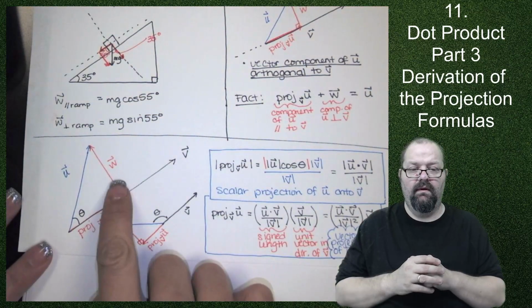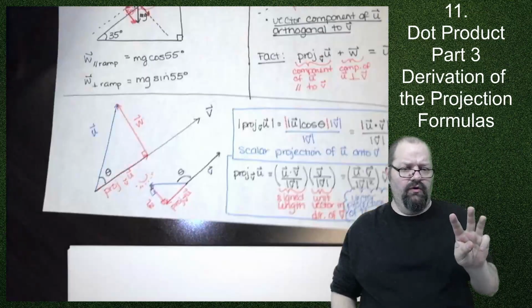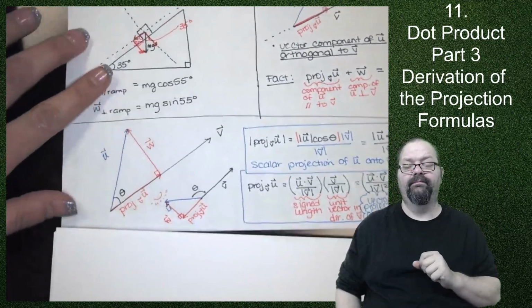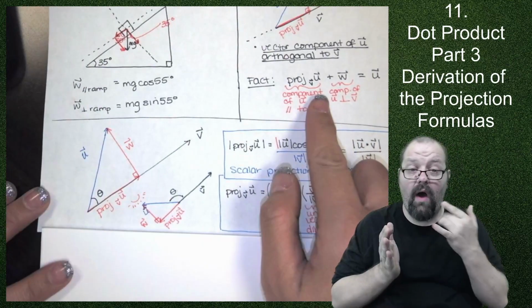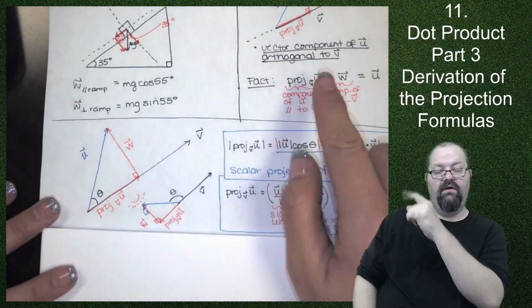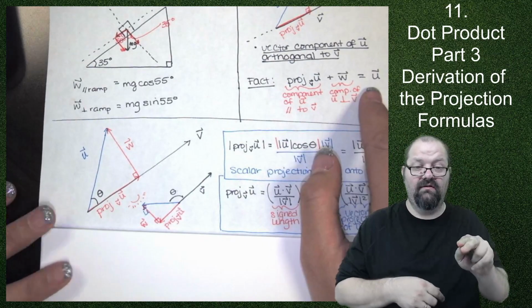All right, now the question becomes, how do we find W? Well, W is actually not so bad because of this fact right here. W is just the vector that I add to the projection to get U back.